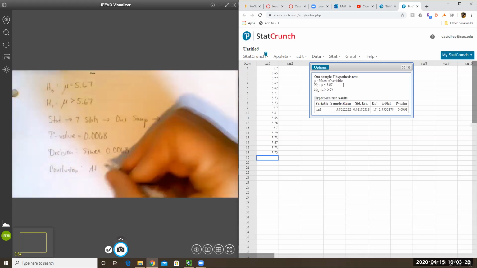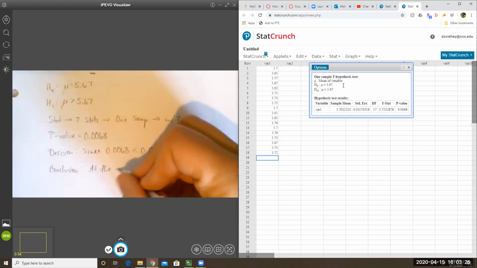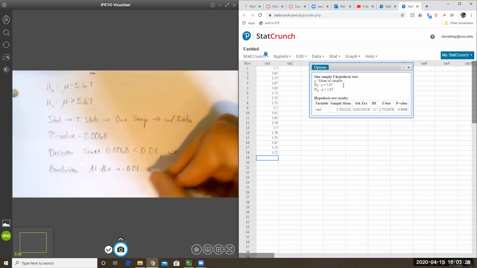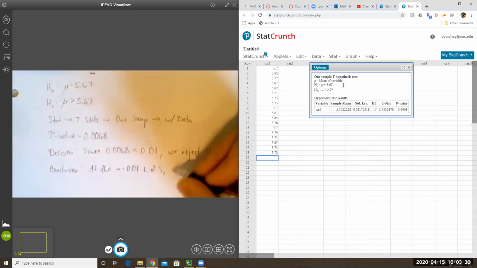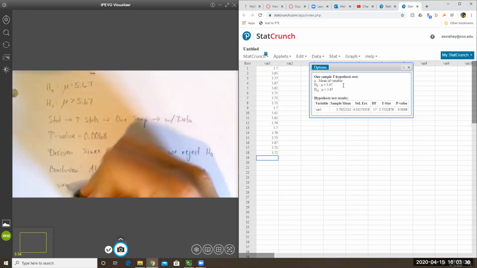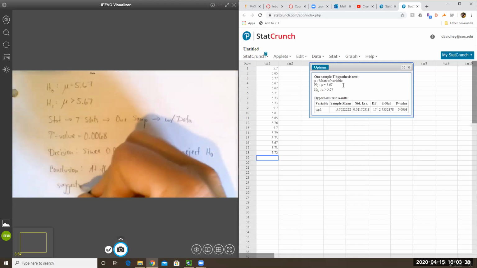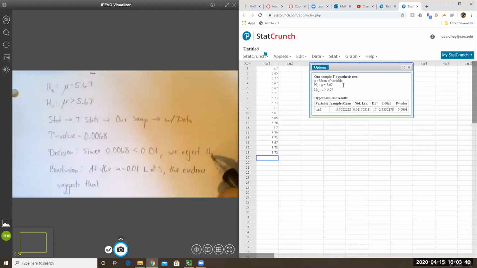So at the 0.01 level of significance, the evidence suggests that, well, we're rejecting the null hypothesis, so that means there's evidence to support the alternative, right?